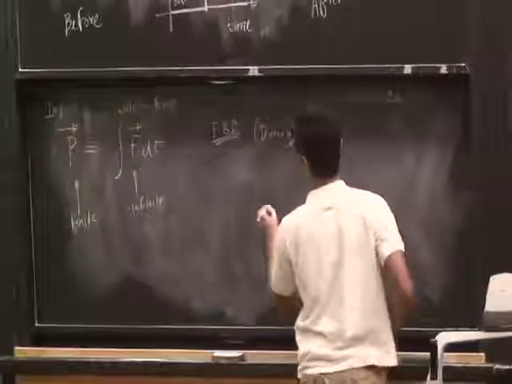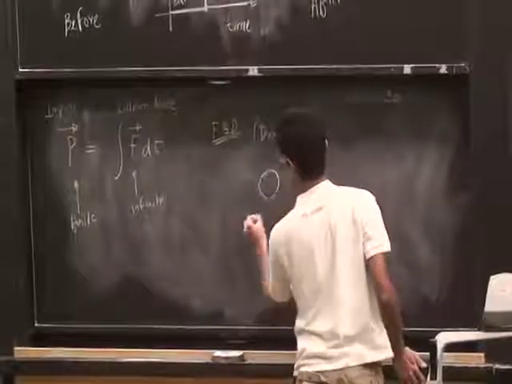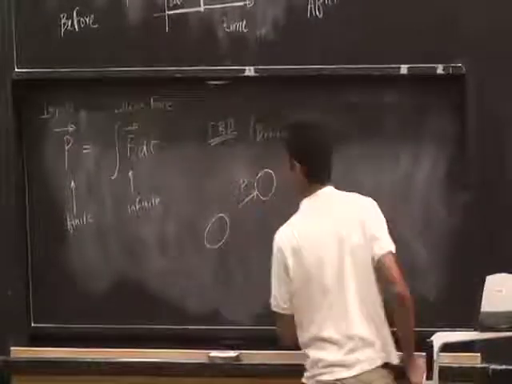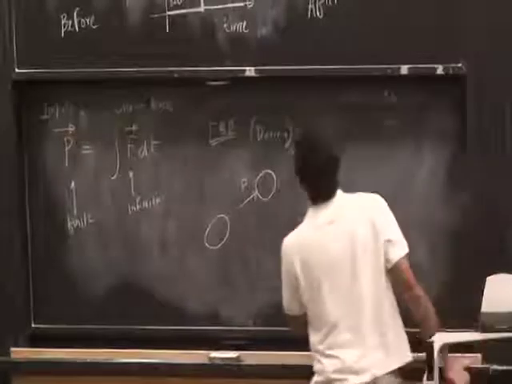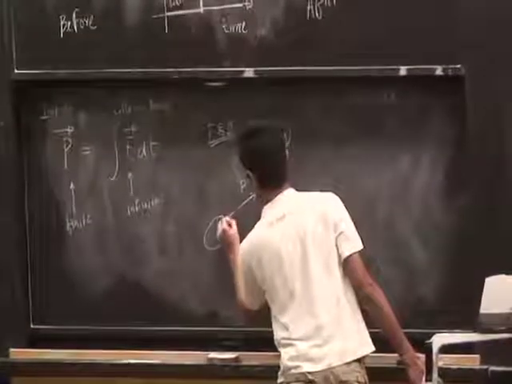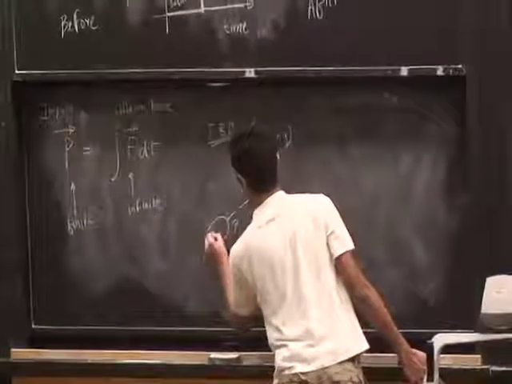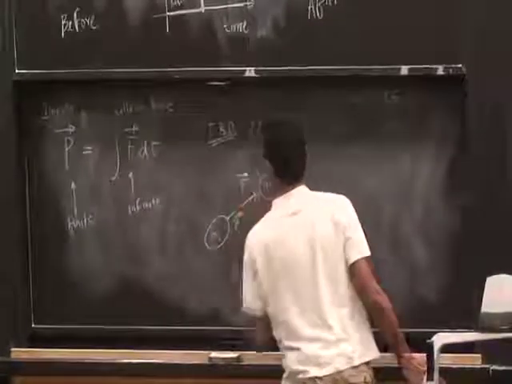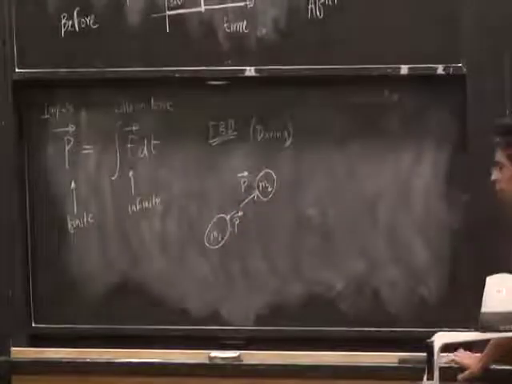So during collision, what I would have is a force P, an impulse P acting on mass m2, and the same impulse should act on mass m1 and would have an opposite direction with the same magnitude.